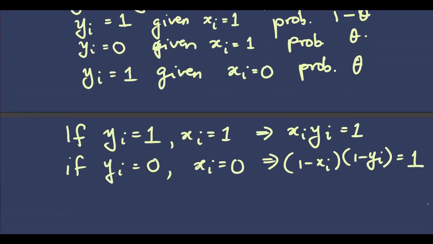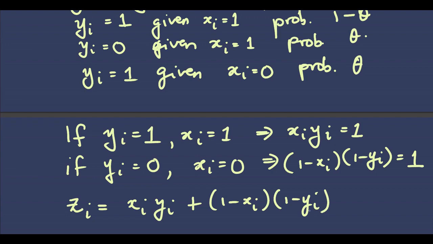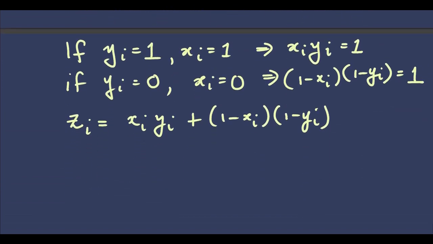And if they're different at all, then what's going to happen? Well, if either of these are 1, we'll get a 0. If either of these are 0, we'll get a 0. So having either of these situations, we define, say, zi as xi yi plus (1 minus xi)(1 minus yi). Then if xi and yi are equal, exactly one of these terms is going to be equal to 1. So zi can serve as an indicator for yi and xi being equal to each other.